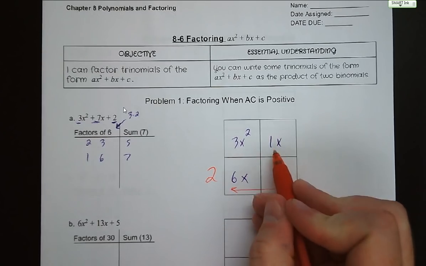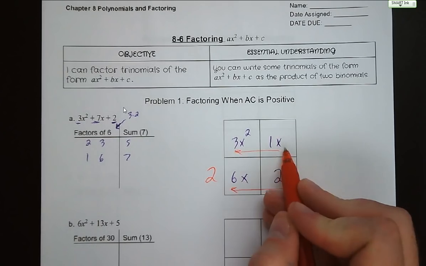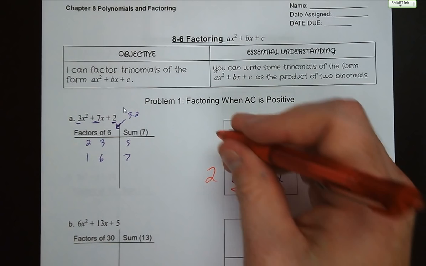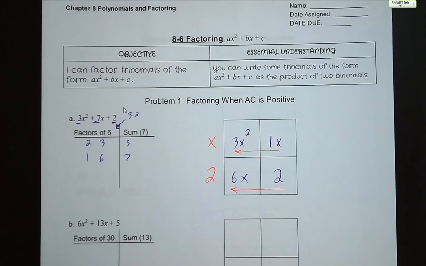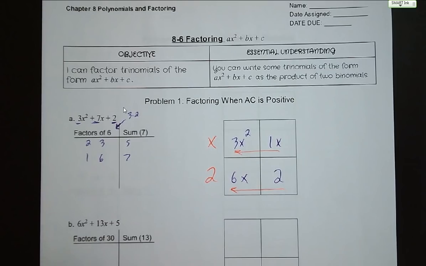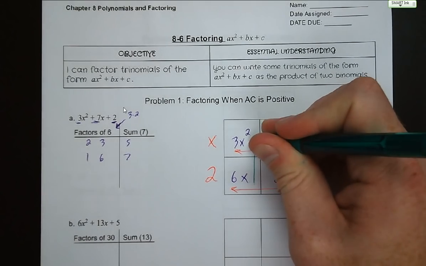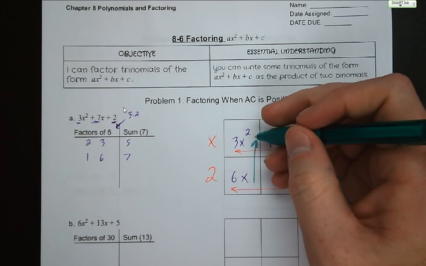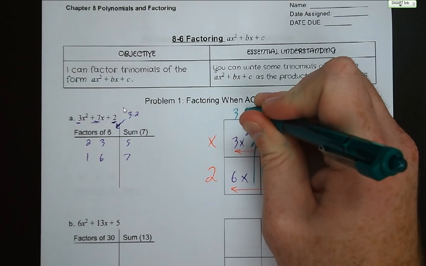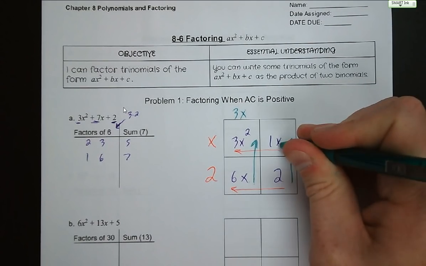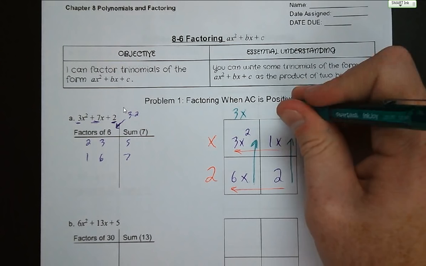In this row, we've got 3x squared and 1x, and the only common factor there is an x. Going vertically, 6x and 3x squared, my common factor there is 3x. And going vertically here, 2 and x, my common factor is a 1.